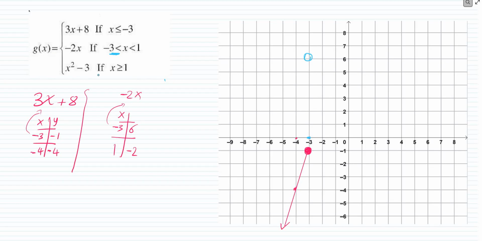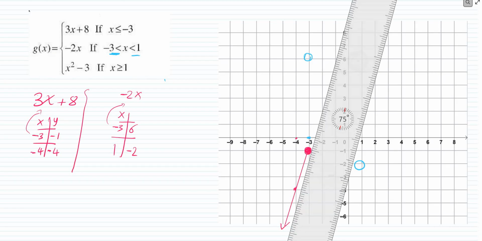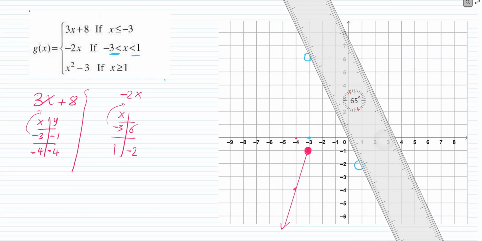How about the second part? Again, we leave it open, but let's find 1 and negative 2. So this is (1, -2). Draw another open circle for (1, -2), because this is bounded. Join these two together and you will get the graph. So this is the second part.